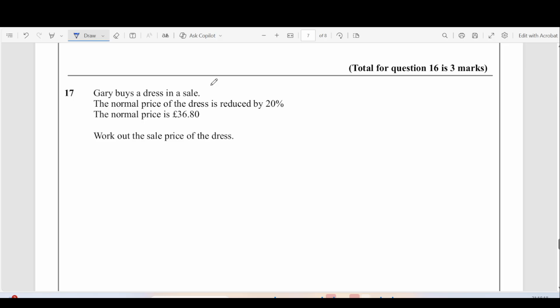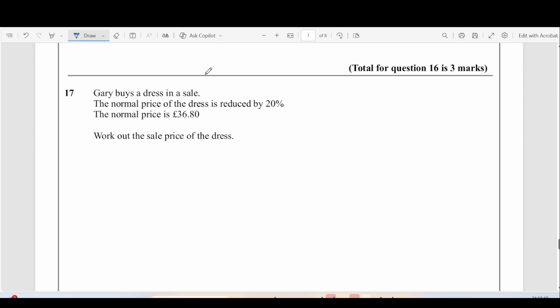Gary buys a dress in a sale. The normal price of the dress is reduced by 20%. The normal price is £36.80. Work out the sale price of the dress. Did you get the question?